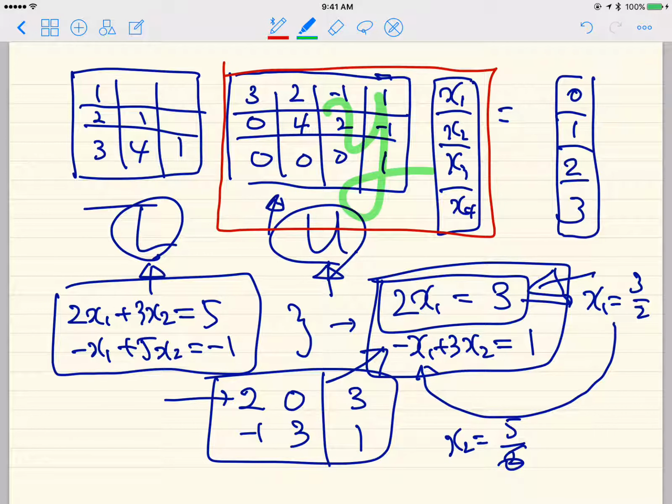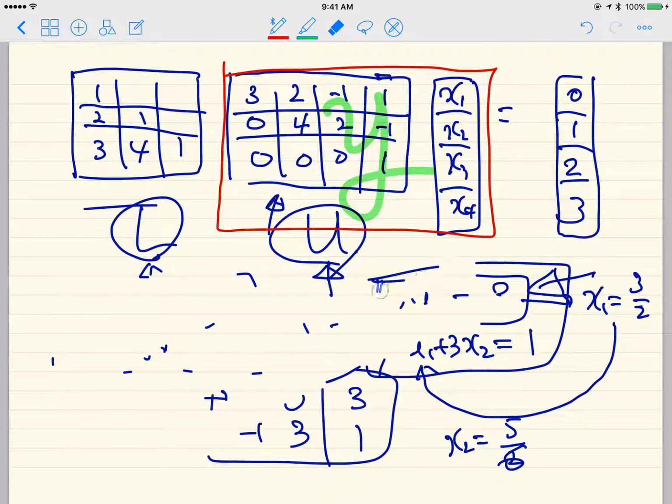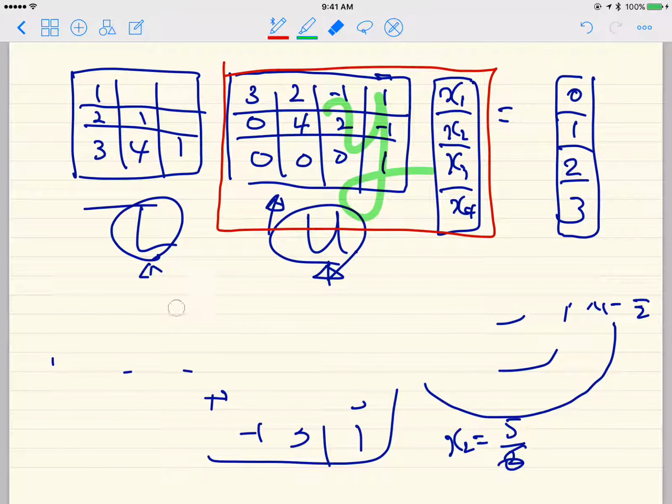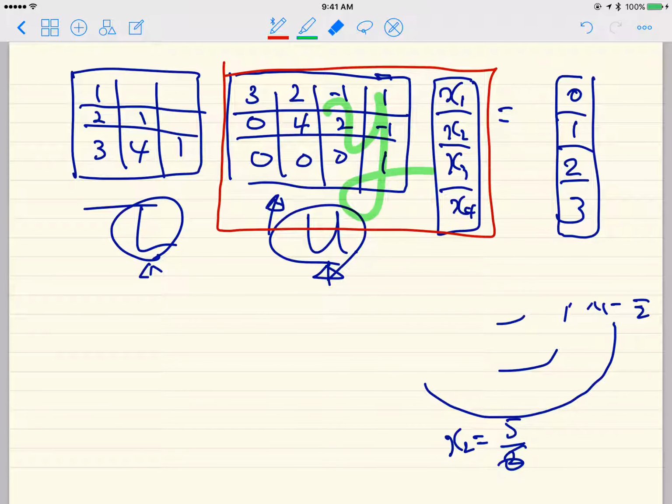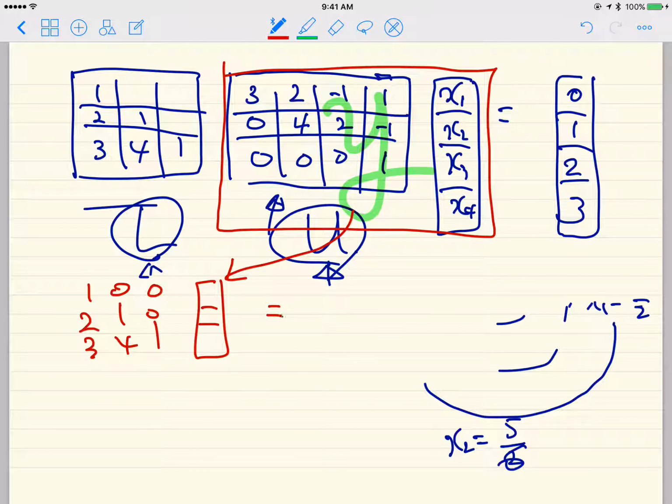We introduce a new variable, and it will become 1, 1, 1, 2, 3, 4, then 0, 0, 0, with y's here.